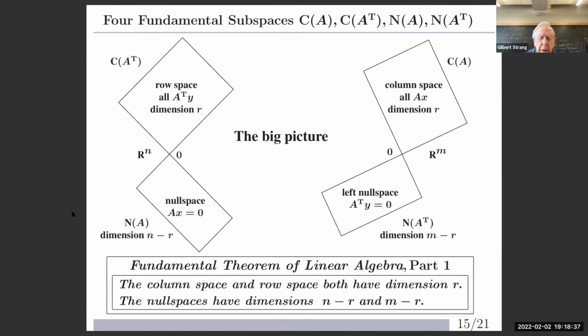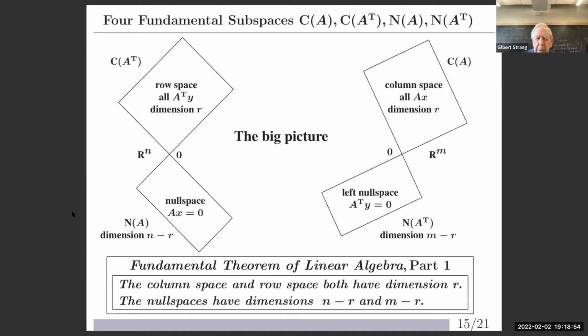And so we have a matrix. From the matrix, we find the column space. You see the column space over on the right there.